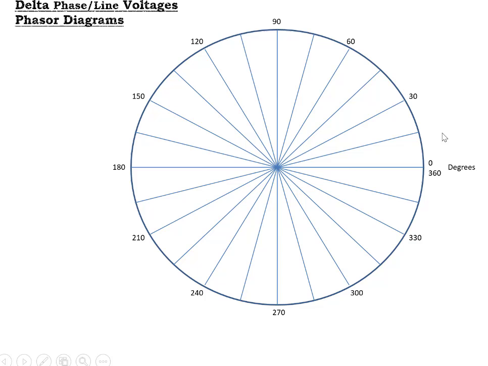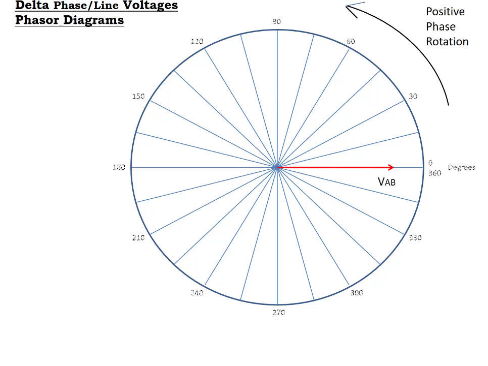How do we plot these voltages on a phasor diagram? In your ILM three-phase delta connection, if you look on page 6, you will see the standard way that we show voltages for a delta system. What we do is we always show the first voltage, phase A to B, drawn right at 0 degrees.